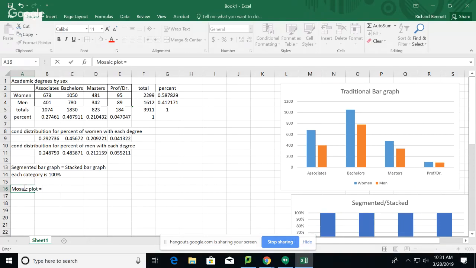The mosaic plot is kind of interesting, and one of the interesting things is that the bars have different widths. Note, Excel can't make this graph.